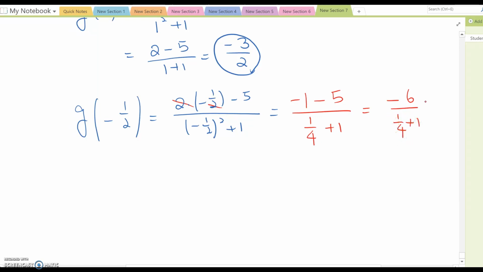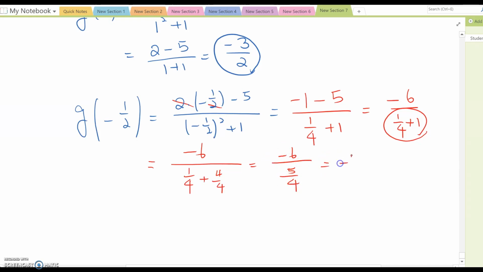I'm going to explain in more detail how to simplify this using complex fractions. But anyway, in this case we want to find our common denominator. So it becomes negative 6 over 1 over 4 plus 4 over 4, so negative 6 over 5 over 4. Therefore, this becomes negative 6 divided by 5 over 4, equal to negative 6 times 4 over 5. So negative 24 over 5.